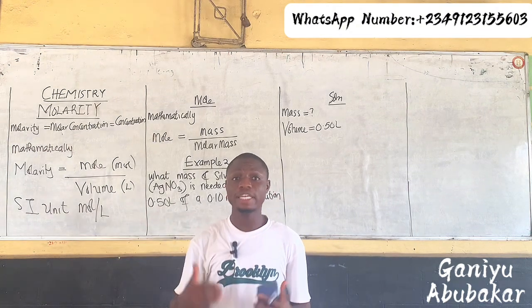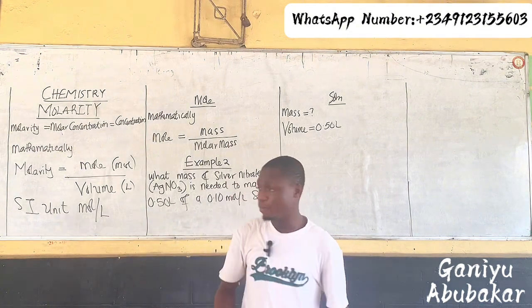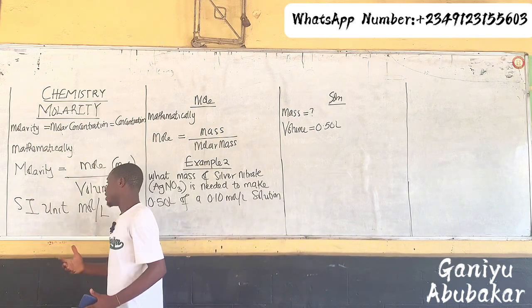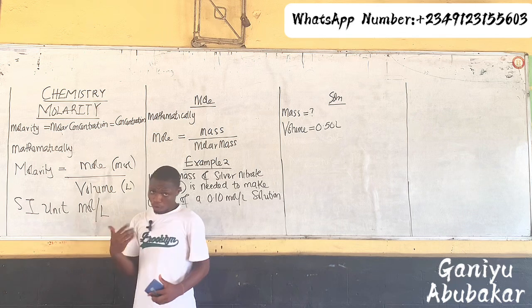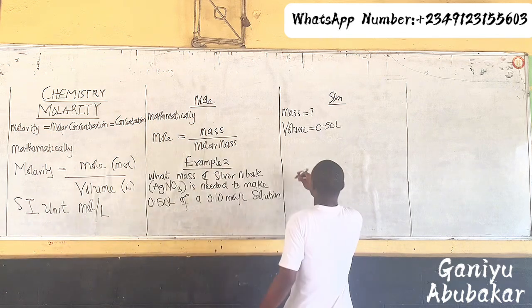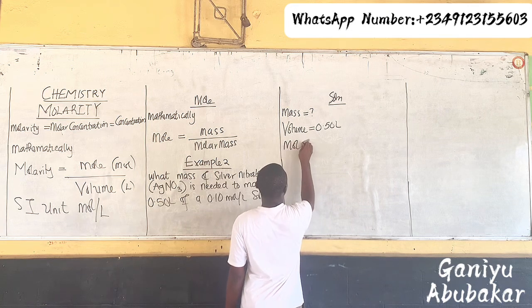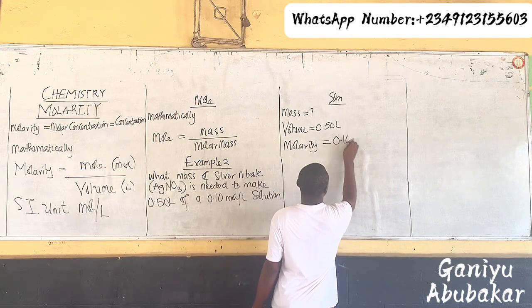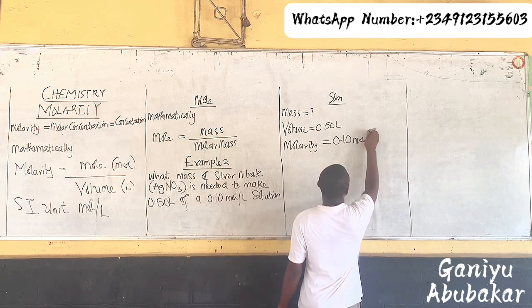Of course, that's molarity. We said molarity has SI unit mole per liter. So I'm given molarity here: molarity is equal to 0.10 mole per liter.